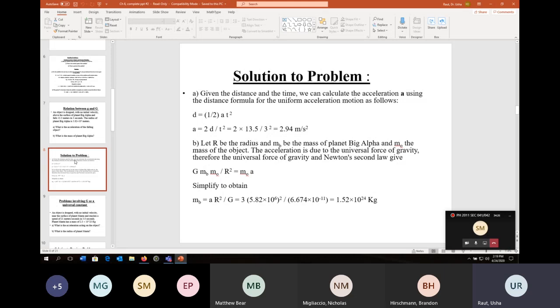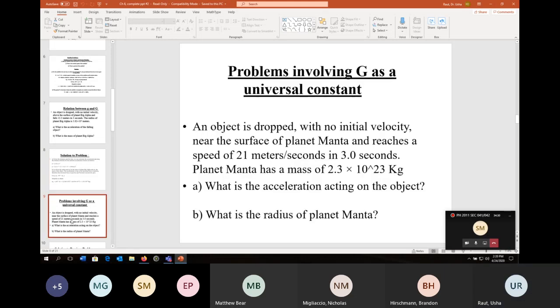And we're going on to one last problem, which summarizes this whole concept. So you have an object that's dropped with no initial velocity near the surface of some planet. And this time you're given the speed it reaches.